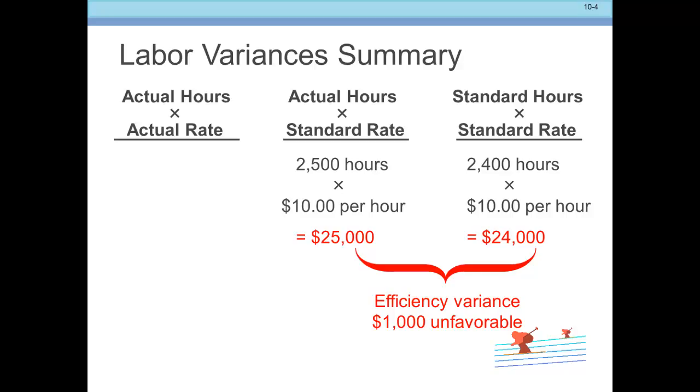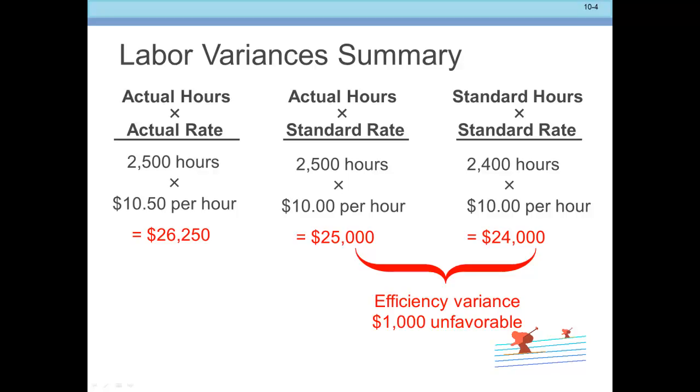Actual hours were 2,500. We don't know the actual rate, but we don't need it because we are given the total actual labor cost of $26,250. Given the 2,500 actual hours and the $26,250 actual cost, for comparison purposes, we can see that our actual rate is $10.50 per hour.